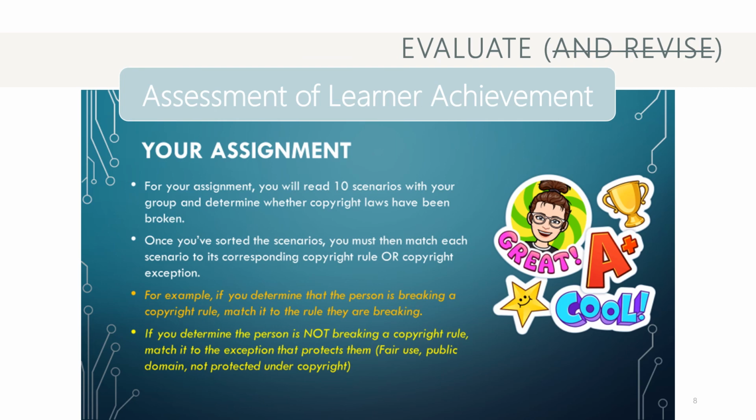And students would have to read the scenario to determine which of those conditions it broke. If the student determined that the person is not breaking a copyright rule, they would then need to match it to the exception that protected the person in the scenario, such as fair use, public domain, or one of the 4 categories I covered in my presentation that were not protected under copyright.